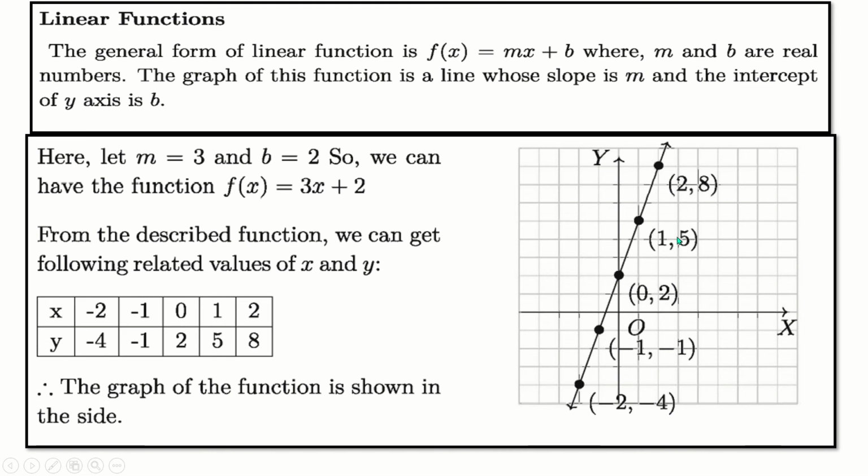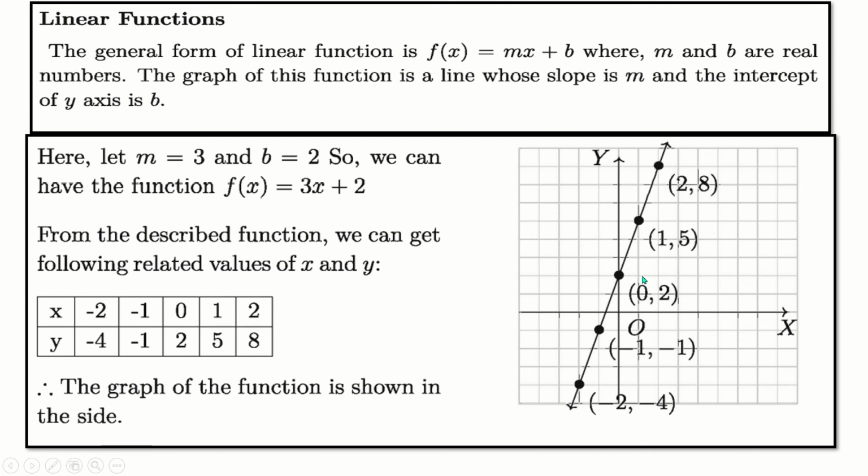Okay, and if the graph intersects the y-axis at a single point, then it is called a function. So from the graph we can easily identify whether the given condition or given equation will be a function or not.